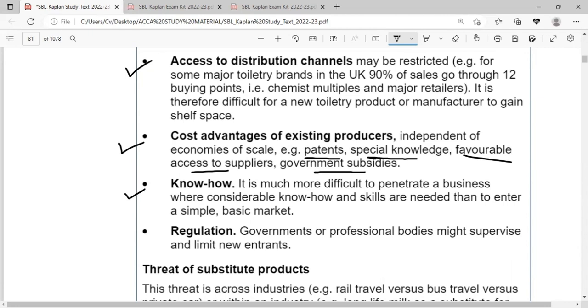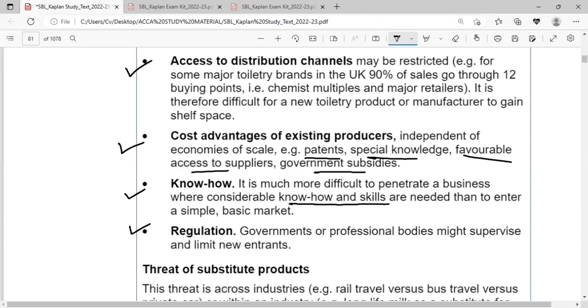Existing competitors or existing sellers in the market have know-how and skills with respect to the new product or service. So it will not be easy for the new entrants to develop their skills immediately. It will be a time-taking process, and it could be a threat for the new entrants. They will feel discouraged before entering any new business.